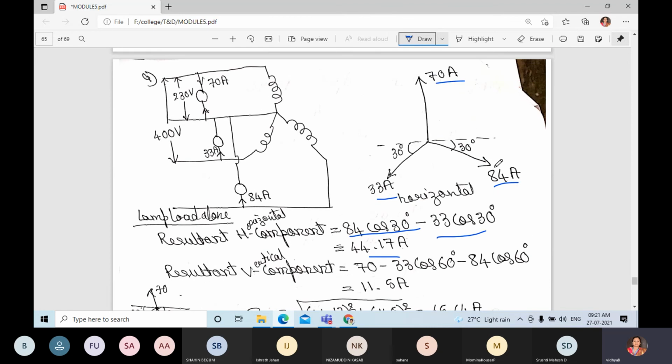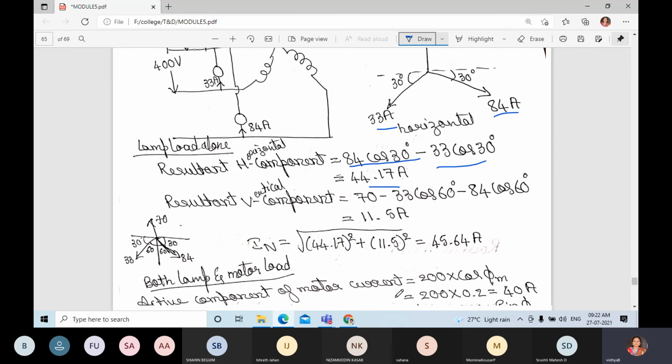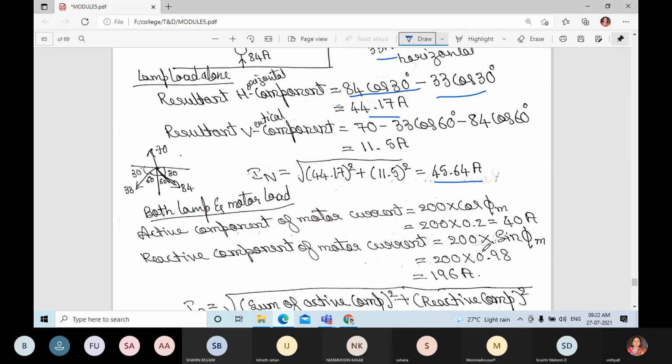The resultant vertical component is 70 minus 33 cos 60 minus 84 cos 60, you will get 11.5 amps. IN is equal to the square root of 44.17 square plus 11.5 square. You will get 45.64. This is the lamp load line.